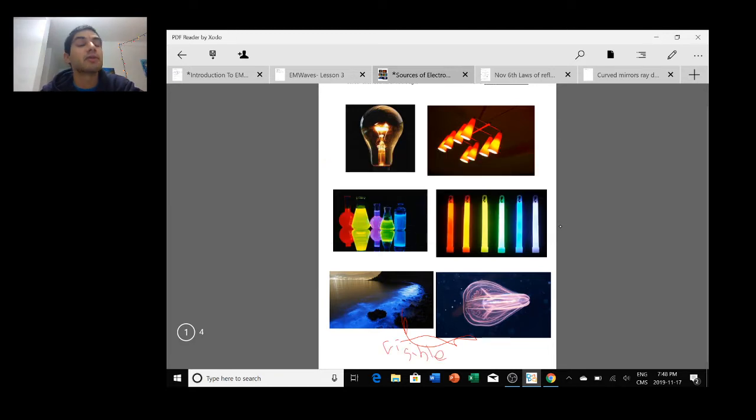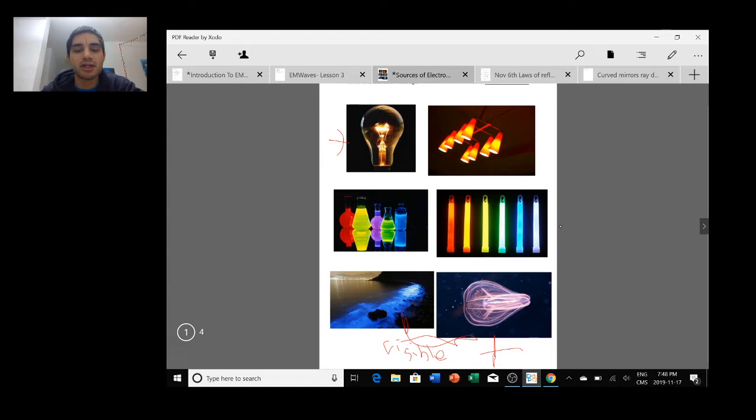We didn't really talk about sources of other electromagnetic radiation, but we know that it all has to do with movement of charged particles, right? So that's the important thing for an electromagnetic wave. Movement of electrons basically creates electromagnetic waves.